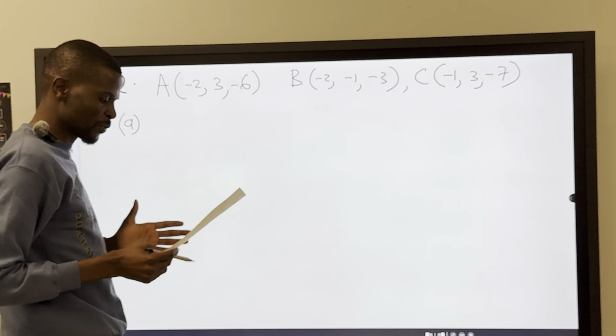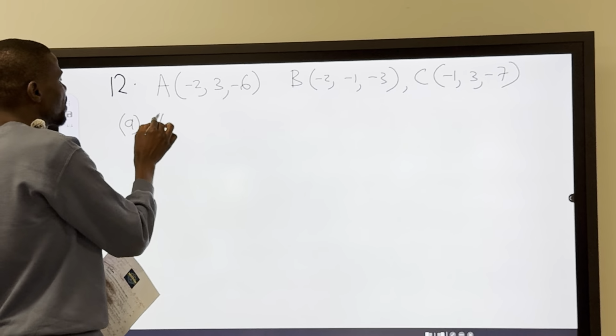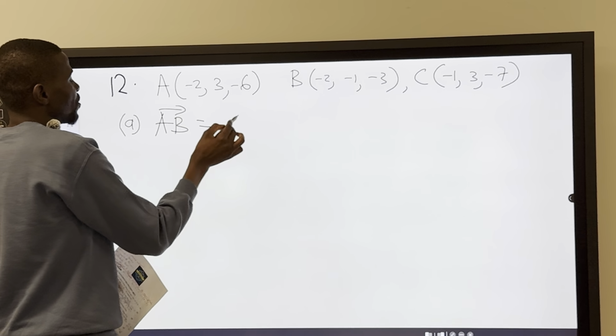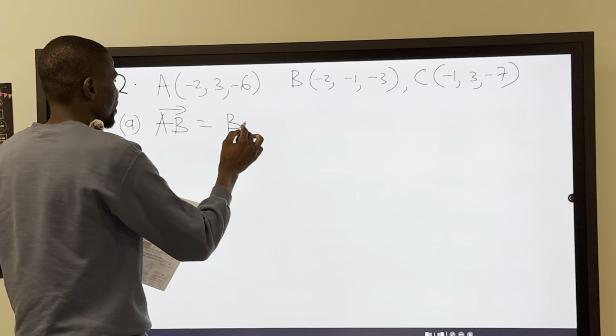So let's find vector AB, hence its modulus. So vector AB is equal to head, our B, minus tail, right?